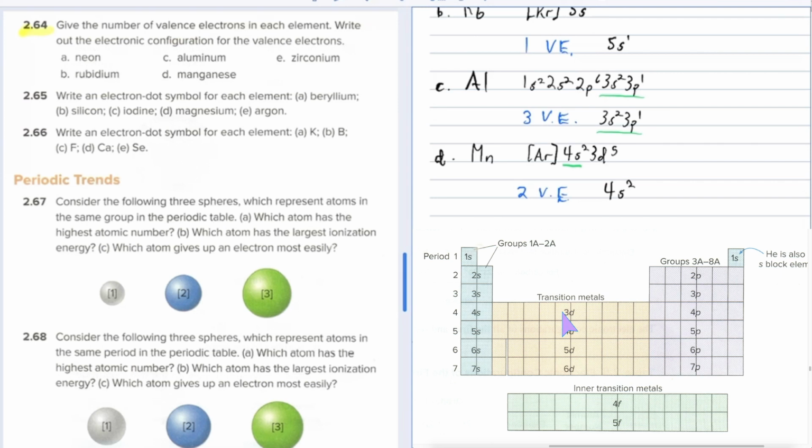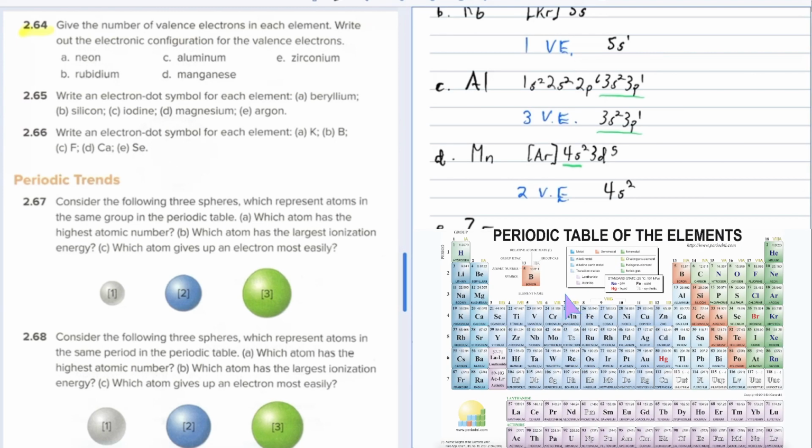I'll do one more. I'll do the last one, E. Zirconium. Zirconium is also a transition element. It's right here, the second one in the D block in the transition elements. The second row and the second one.